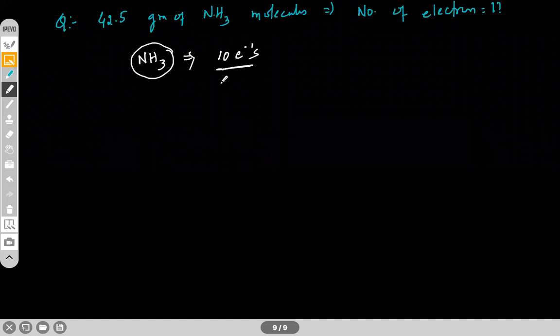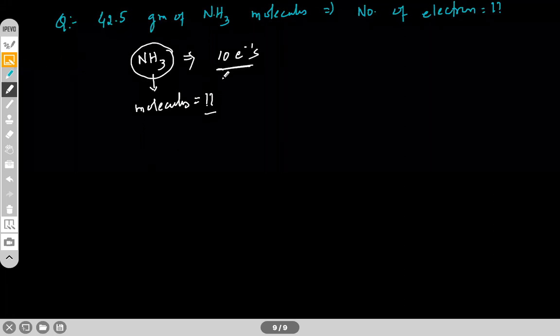If we know the number of electrons in one molecule, suppose we have 10 molecules, how many electrons? 100. Suppose we have 100 molecules, how many electrons? 1000. Correct. So basically the question is reduced to the number of molecules of NH3. If you find the number of molecules of NH3, that number of molecules into the electrons present in one molecule is the answer. Understood? Got it?